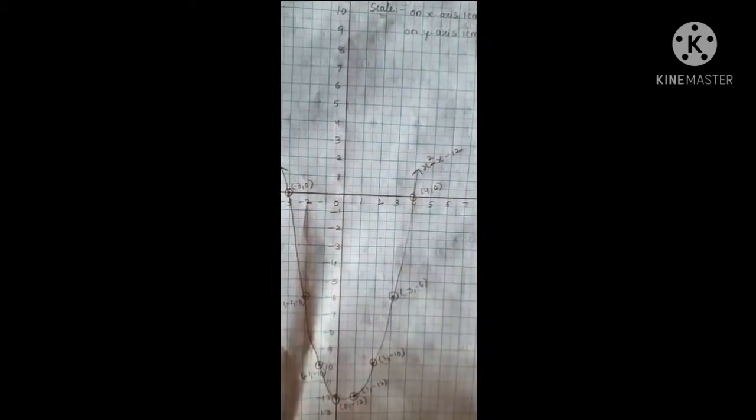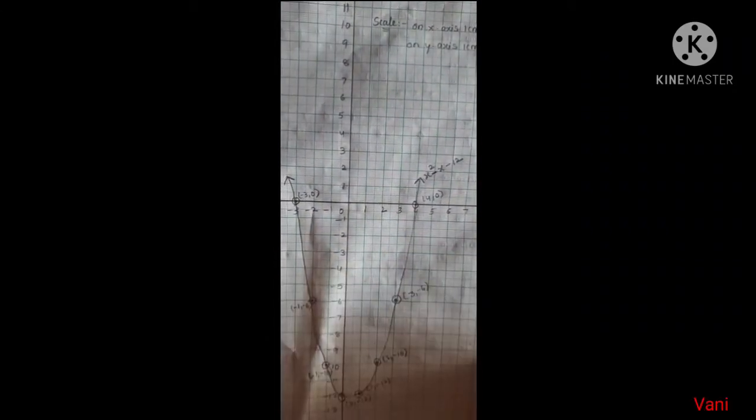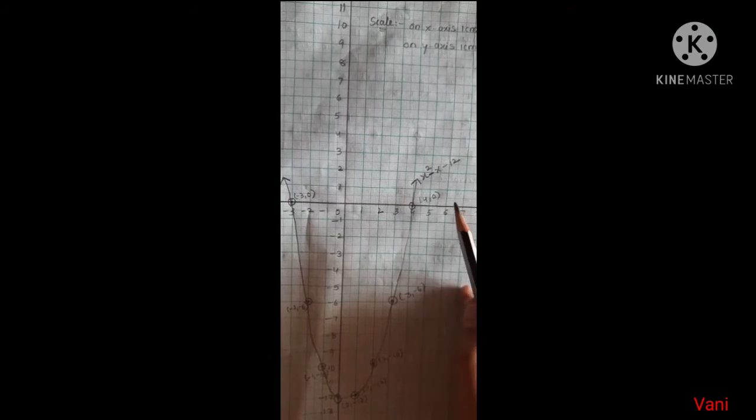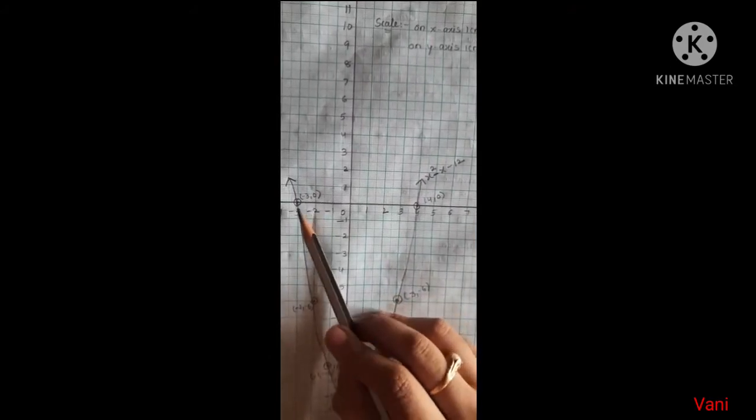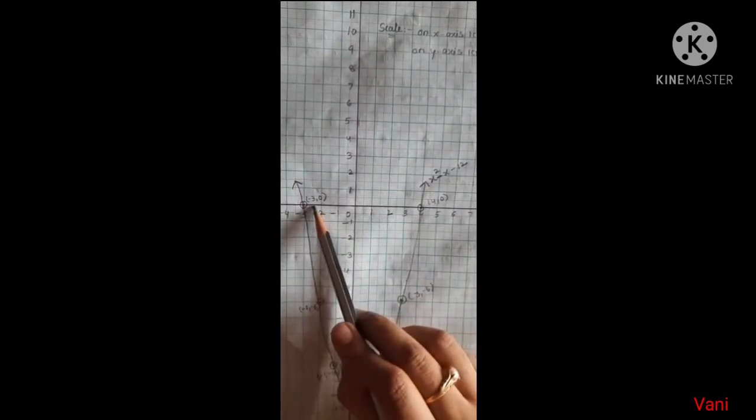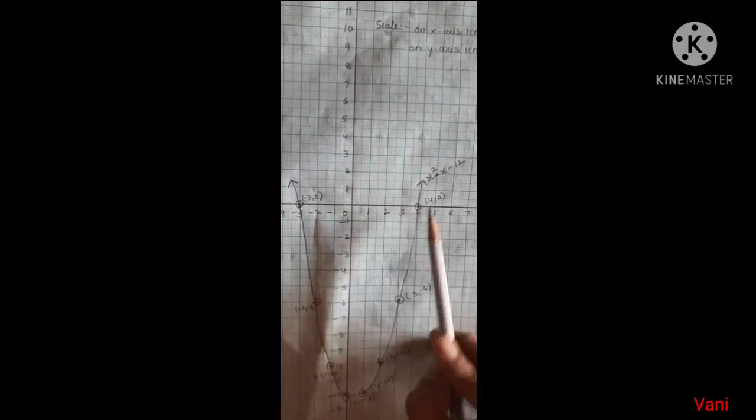Now write the polynomial x square minus x minus 12. It shows the graph of the polynomial. Now if you observe the graph, the parabola touches the x-axis at 2 points, minus 3 comma 0 and 4 comma 0.